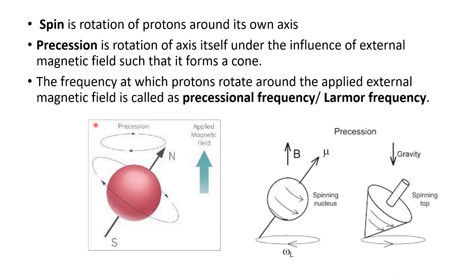And the rotation of the axis is called precession. The speed with which the precession rotates is called the precessional frequency or Larmor frequency. One analogy we can take is a spinning top. The top is spinning along its own axis and also spinning with a precession. So that creates a cone.